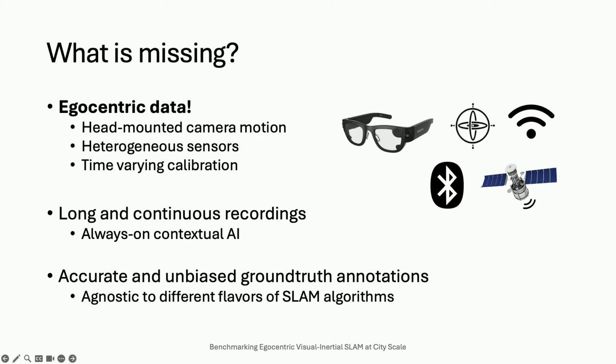And aside from egocentric data, we also want to jump out of the limited scale data sets and consider longer and continuous recordings to benchmark against always-on contextual AI. And finally, we want some accurate and unbiased ground truth annotations that are agnostic to different flavors of SLAM algorithms.